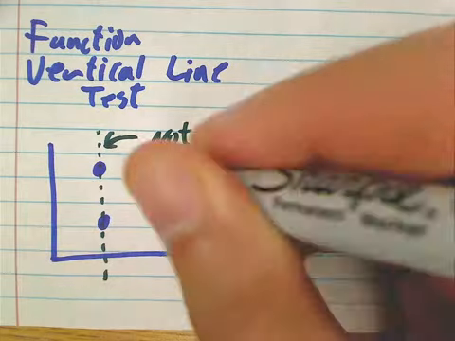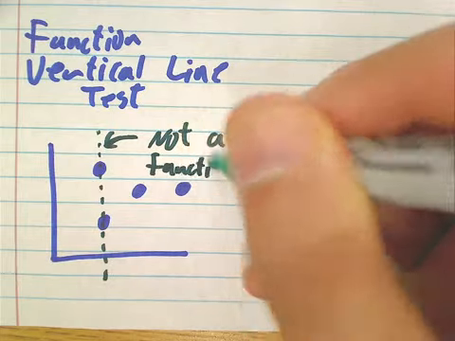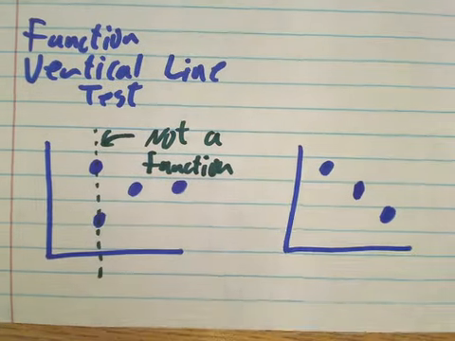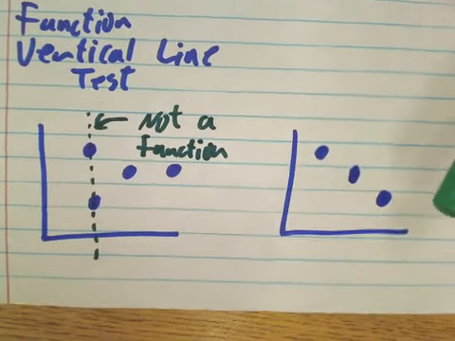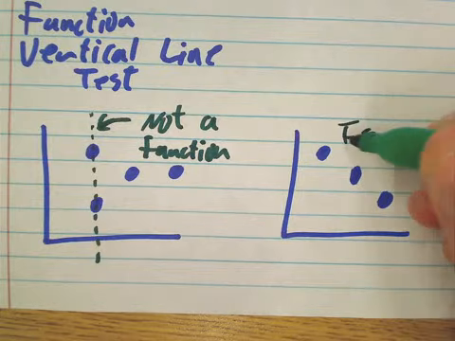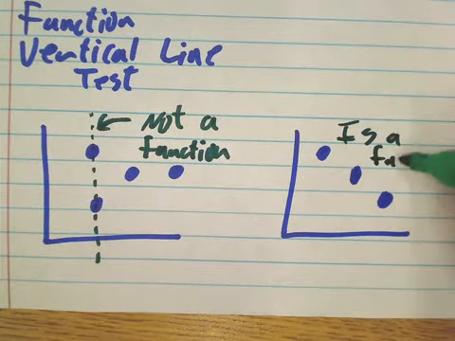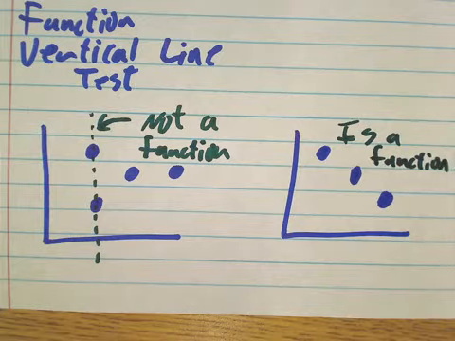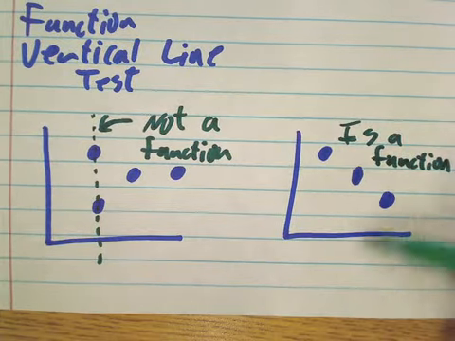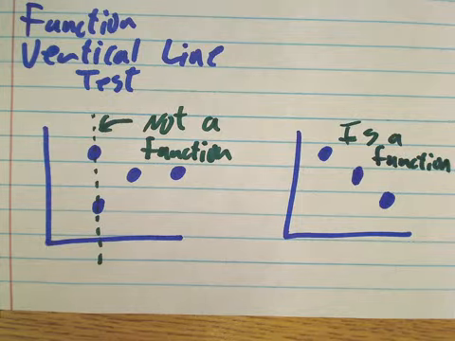Not a function, because I can draw a vertical line through more than one point. And so the other graph over there, because there isn't a point right above each other, this is a function. This one is a function because I can't draw a vertical line through more than one point. That's awesome. That is a function.